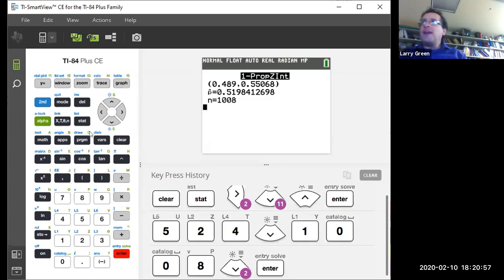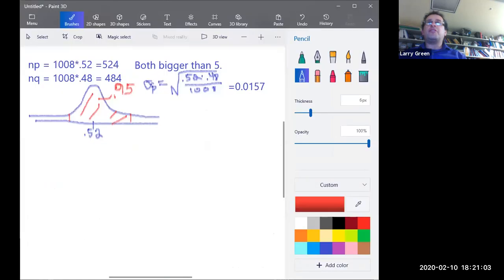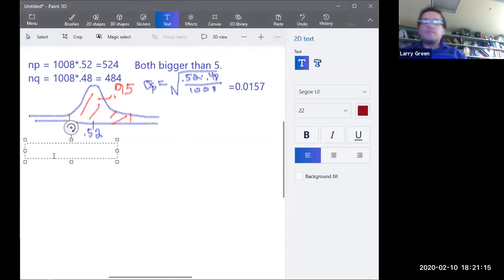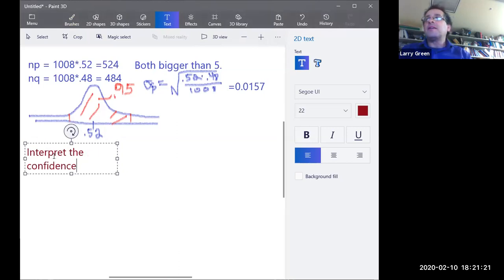Okay, so now that I have that, what I'm going to do is go do some writing to interpret it. So let me state what I'm talking about. So interpret the confidence interval.